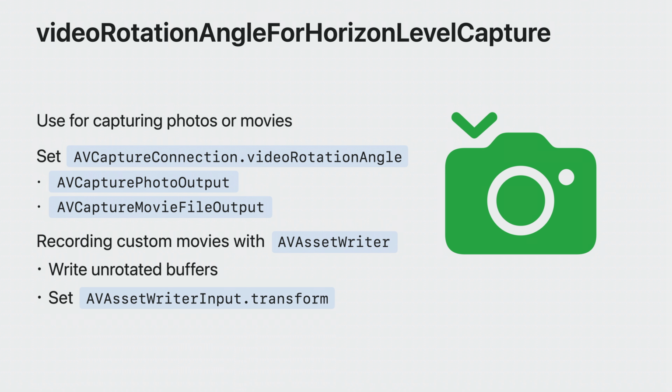Instead, set the rotation with an AVAssetWriterInput instance's transform property, which alters the output file's metadata. With this approach, video apps apply the rotation during playback, which uses less energy than rotating each frame with the capture connection. Your app needs to convert the rotation angle from degrees because an asset writer input uses a CGAffineTransform that applies rotations in radians.